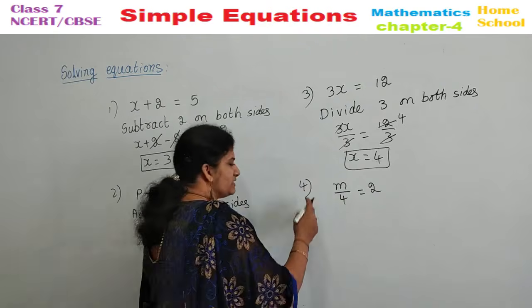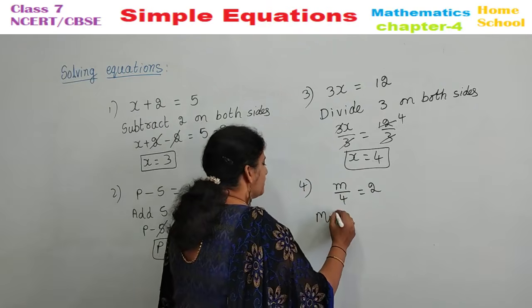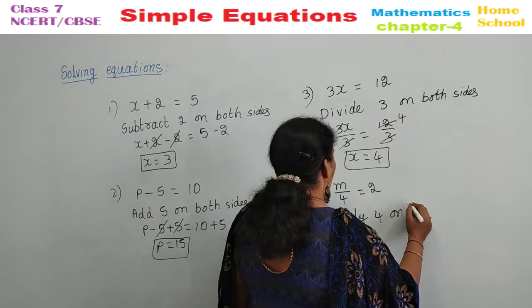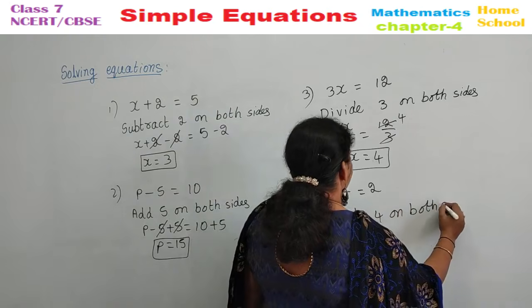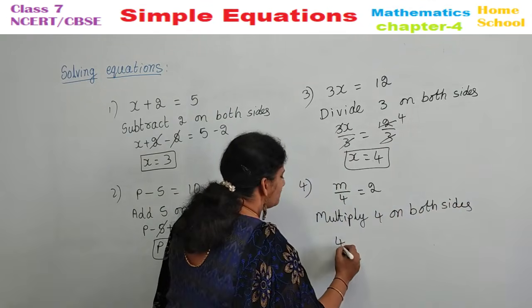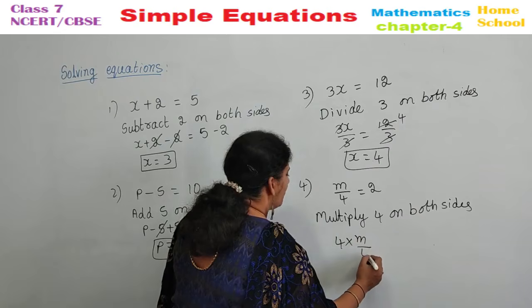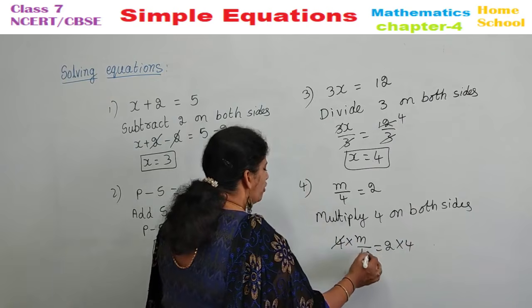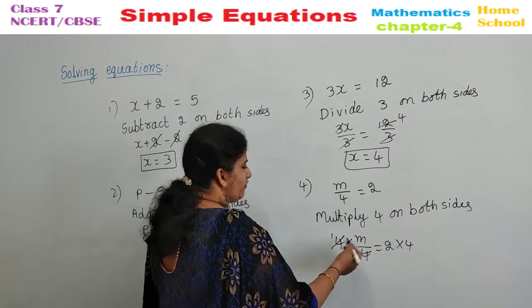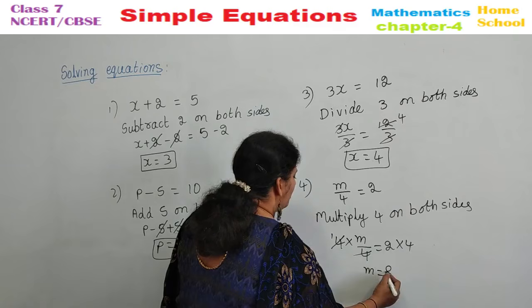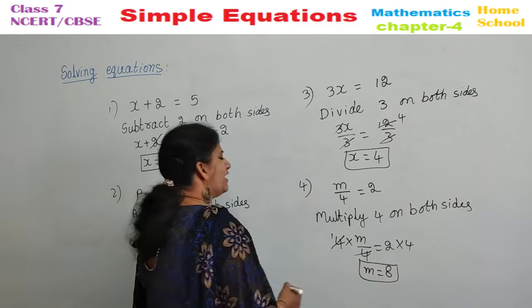That you do, the reverse order. Means multiply 4 on both sides. 4 into m by 4 is equal to 2 into 4. 4 cancel. 4 ones are 4. 1 into m will be m. m is equal to 2 fours are 8. What is the value of m?